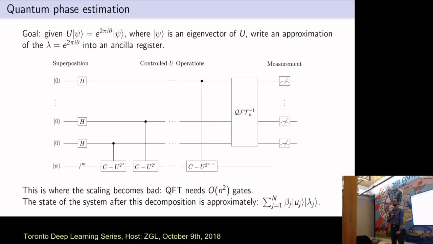The control means that if the control bit is 0, then you don't do anything. You actually don't apply the unitary. And if the control is 1, then you apply the unitary. But here you have qubits, which can be superpositions of 0 and 1. So you can create this superposition between applied and not applied. That's the game that you're playing.